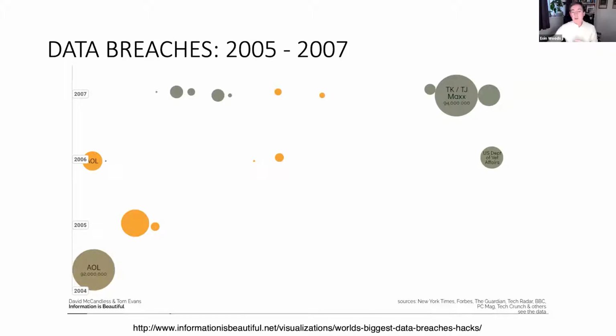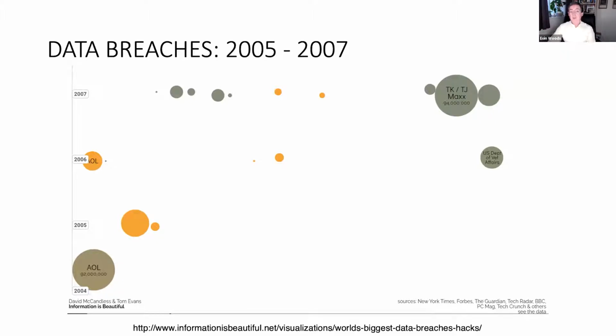There's a site on the internet called Information is Beautiful, where a data journalist has created many, many visualizations of commonly available data sets. One of his very famous visualizations is that of data breaches. He has obtained a large data set, which keeps being updated regularly, of data breaches. He's then worked out how to visualize it using this circle notation.